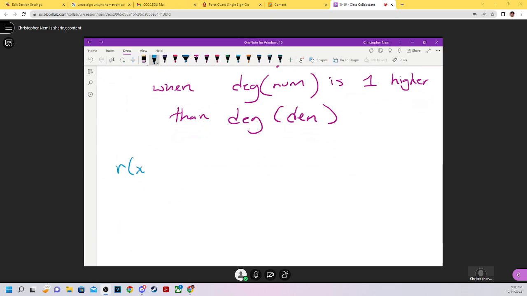R of x equals x squared minus 4x minus 5 over x minus 3. The numerator has a degree of 2. The denominator has a degree of 1. Well, remember what I told you guys, that rational expressions are just division of two polynomials at the end of the day.